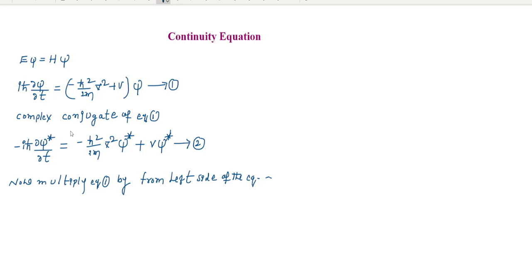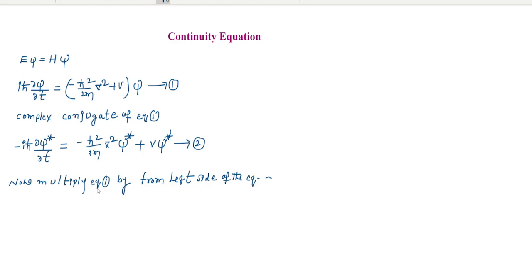If you don't know these notations, please go and watch the mathematical tools of quantum mechanics sequentially. You will understand the bracket notations. Dirac bracket properties are very, very important in quantum mechanics.